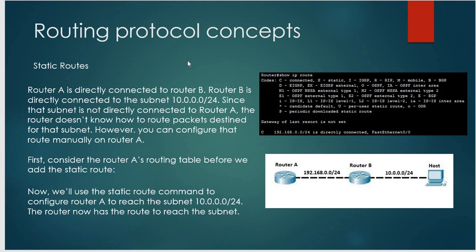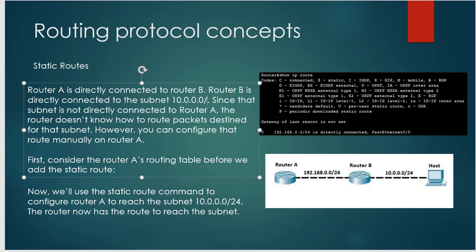Router B is directly connected to the subnetwork 10.0.0.0, and there is a mistake here, this is the slash 8 network. Since that subnet is not directly connected to router A, the router does not know how to route packets destined for this network.